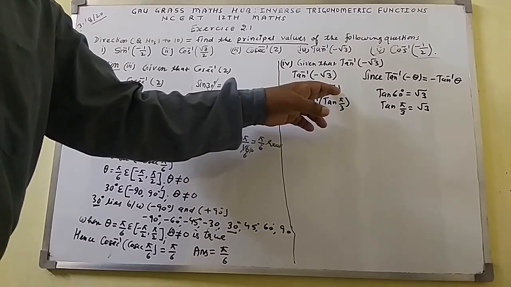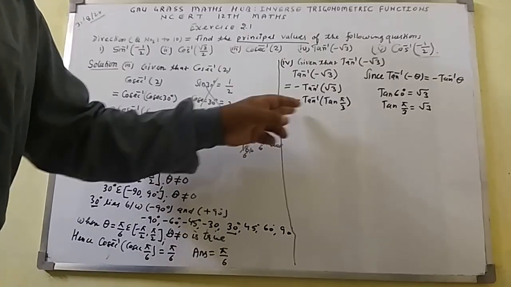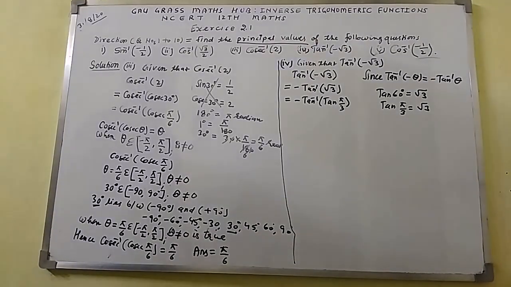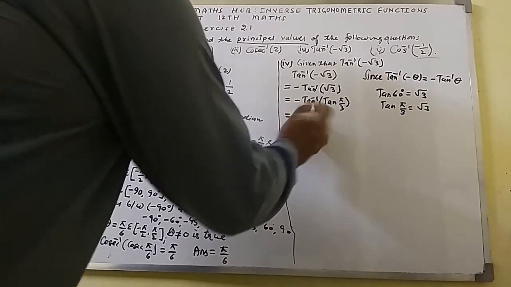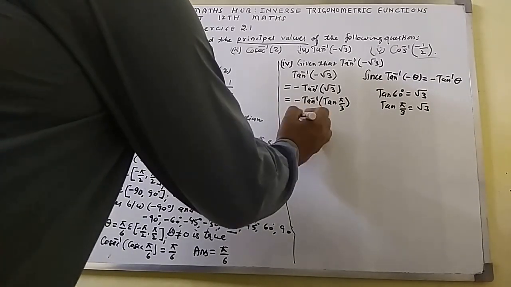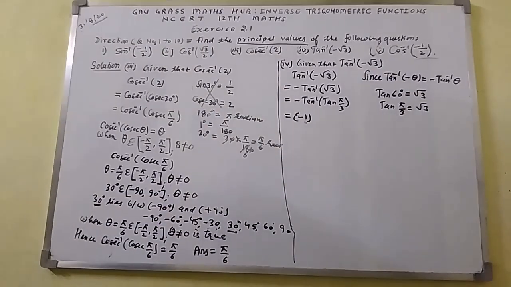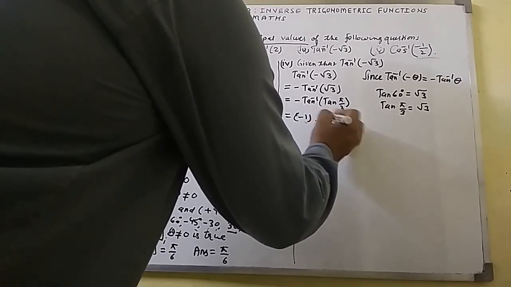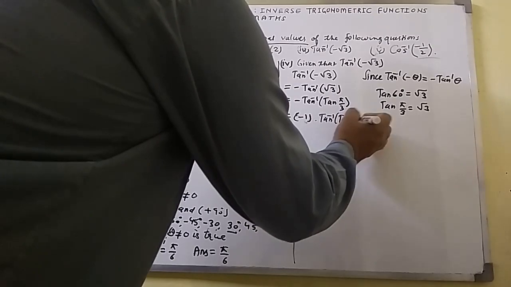So in place of under root 3, I can write tan pi by 3. Here you can write minus 1 in bracket, and this will become tan inverse in bracket tan pi by 3.